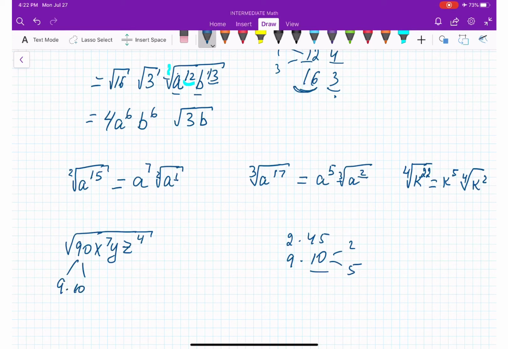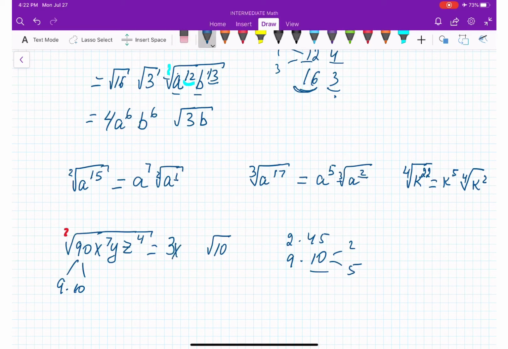So out of 9, the square root of 9, which is 3, will come out. 10 is going to stay underneath. And let's see, x to power 7. 7 divided by these 2 is going to be x to power 3, right? And the remainder is, oops, hold on.